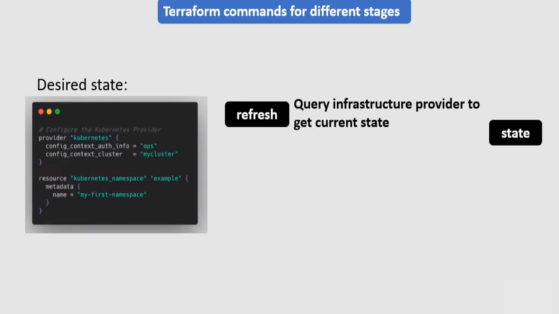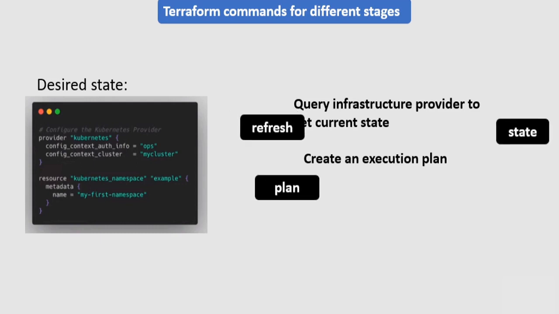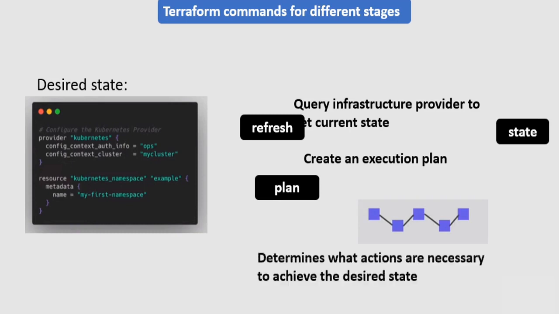The next command is plan. Remember, I said the code is responsible for taking the current state and your configuration file as input and deciding based on that difference what needs to be done. That's the plan. So what Terraform needs to do in order to achieve that desired state that you define in the Terraform configuration file? If it's an initial setup, it figures out all the steps to create the desired setup.